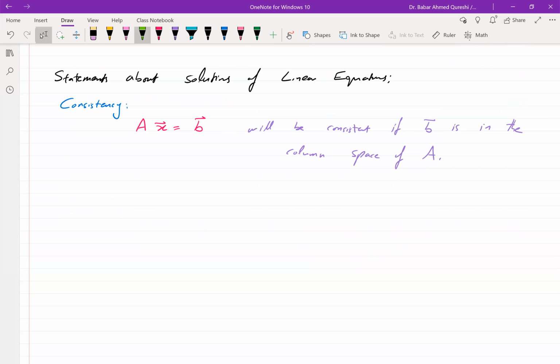So what does that mean? I have this equation and I'm considering the column space. So I write the matrix as these bunch of column vectors. How many do you have? If it's m by n, you have n columns, each having m components.